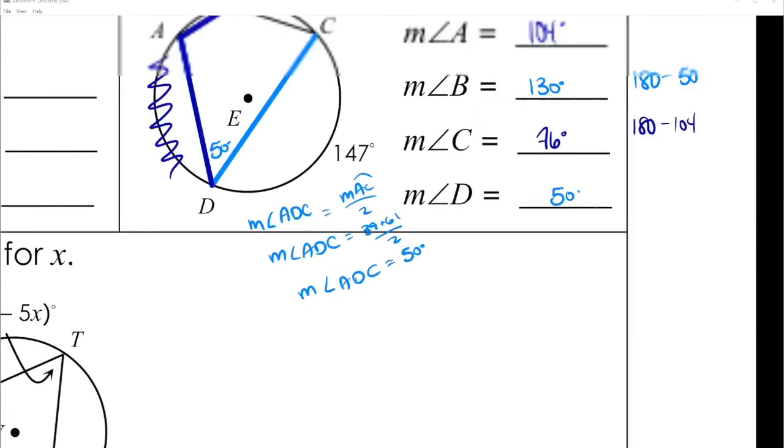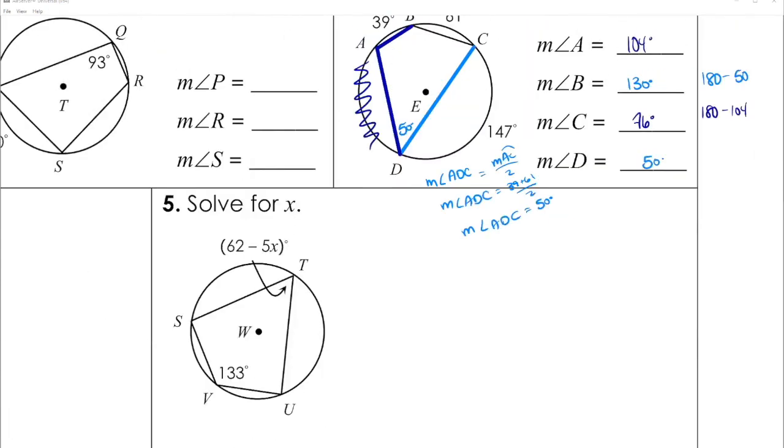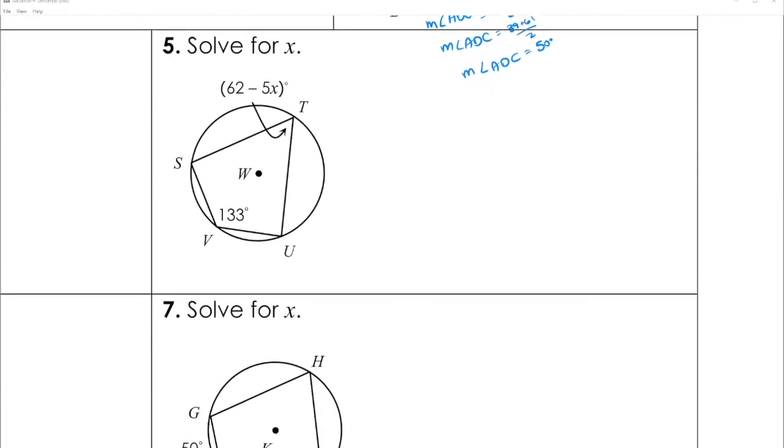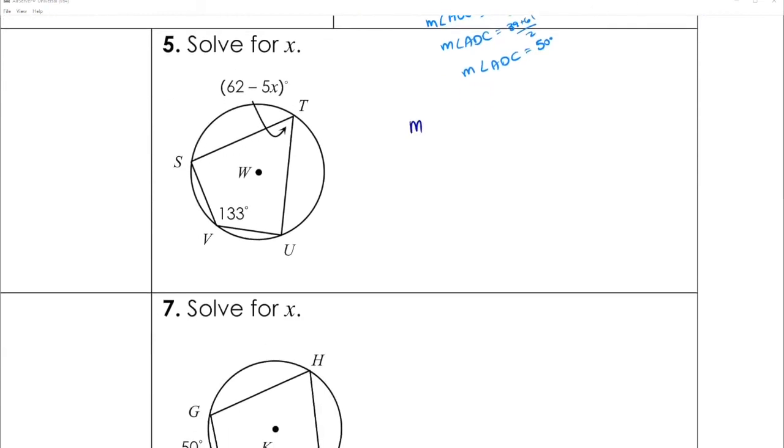They are supplementary because they are opposite angles on an inscribed circle or inscribed polygon. So we know the measure of SVU, the special victims unit, and the measure of STU. Is that right?